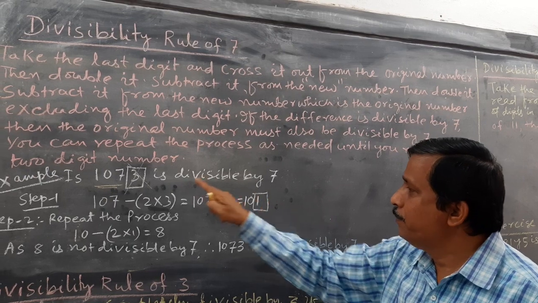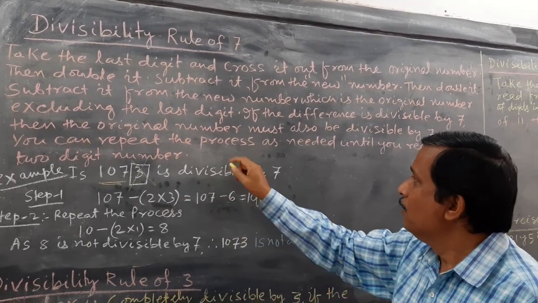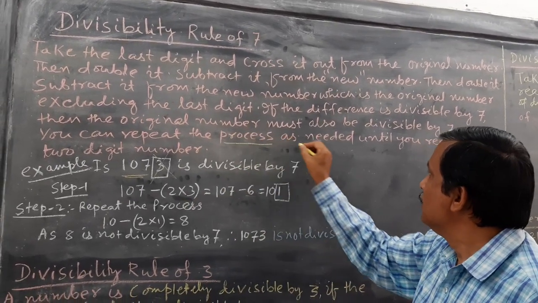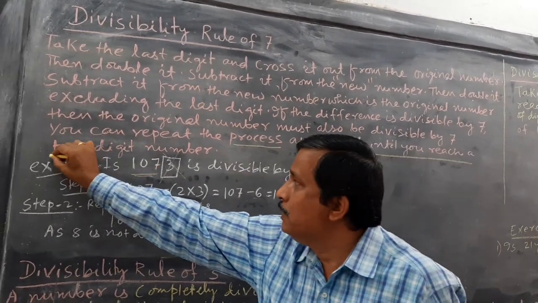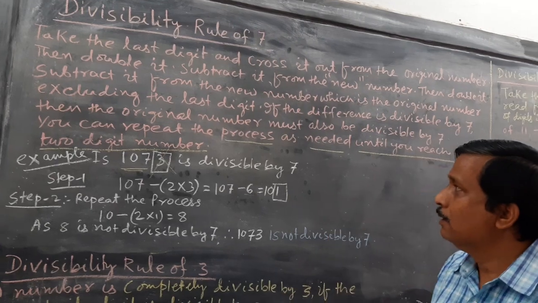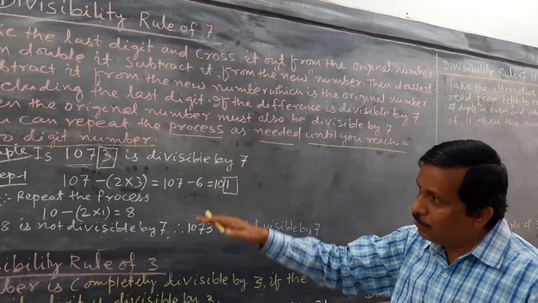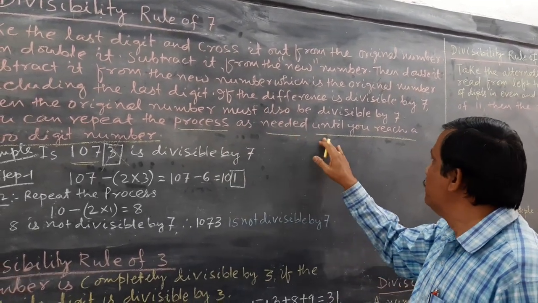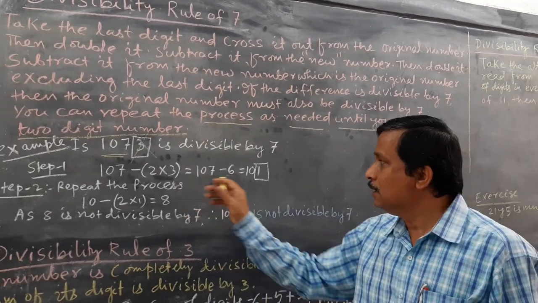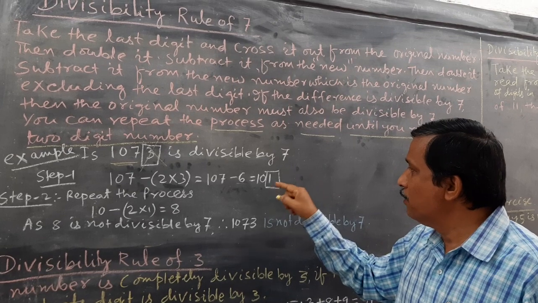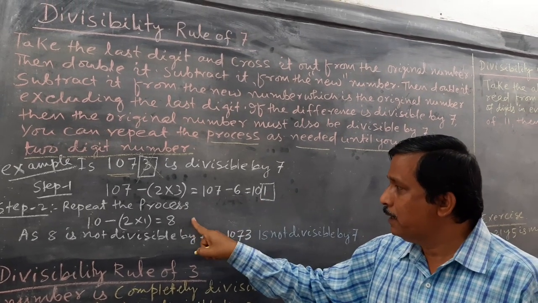Again you repeat the process as needed until you reach a 2-digit number. This is very important. This process will continue until you reach a 2-digit number. So now you see here, this is step 1, then I have subtracted.